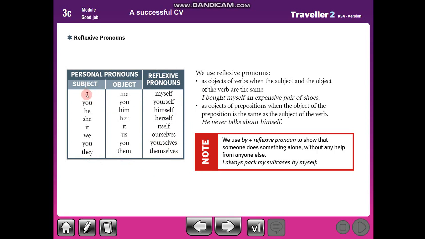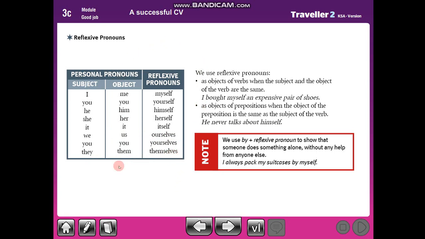If you have subject pronoun I or object pronoun me, the reflexive pronoun for these is myself; you, yourself; he, him, himself; she, her, herself; it, itself; we, us, ourselves; you, yourselves; they, them, themselves.